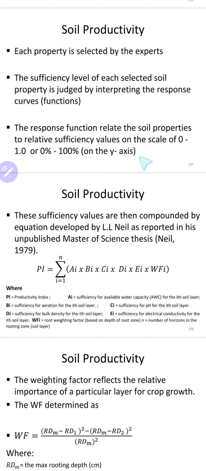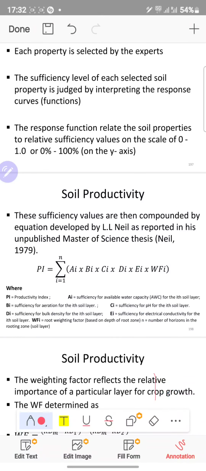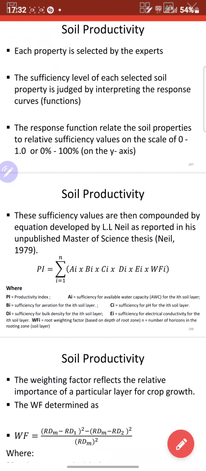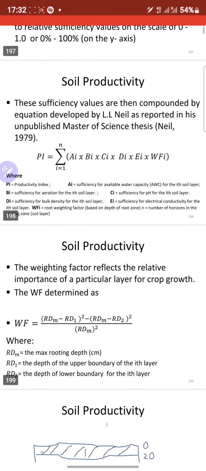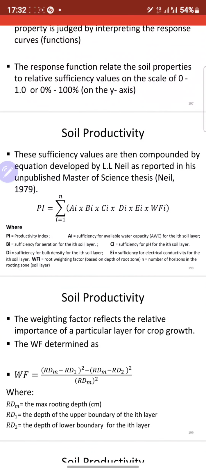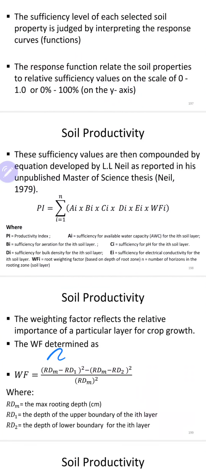Now, when multiplying, we also take into consideration the WFI, which is the root weighting factor. This one is based on the depth of the root zone, the depth where the roots are from the surface. It is found by subtracting, and this is the formula here.